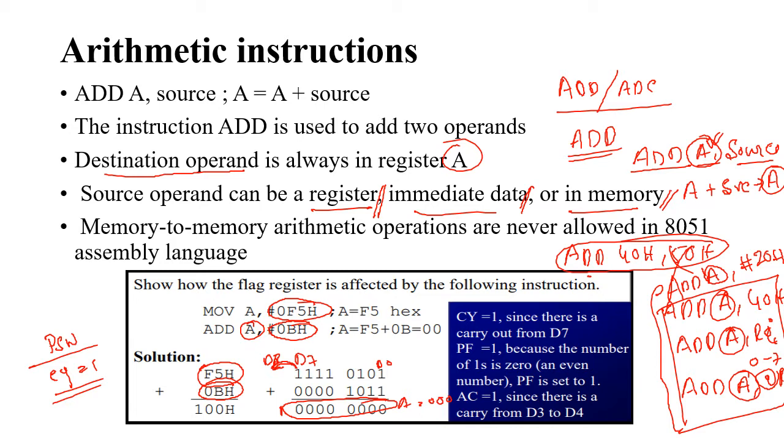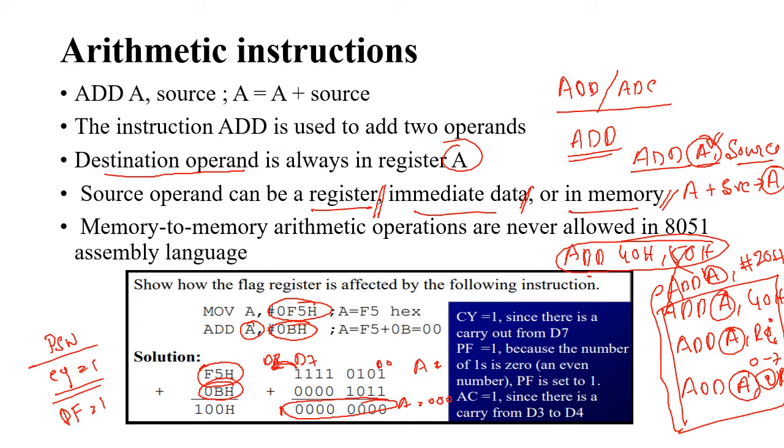Similarly, in this result, that is the content of the accumulator, the number of ones is 0. So the parity flag in the PSW register will also be set to 1.